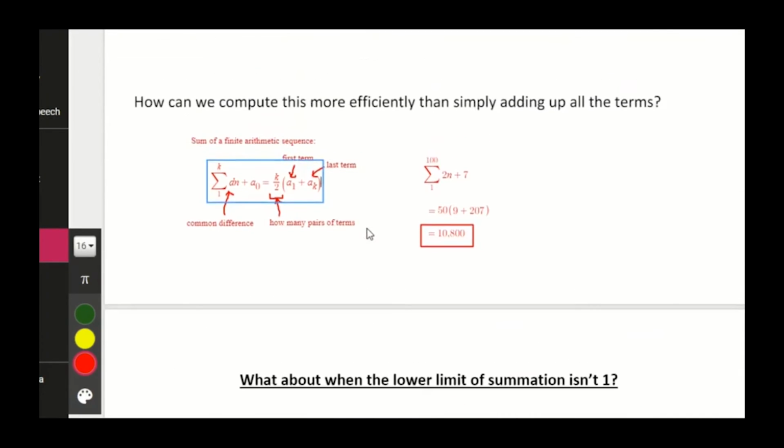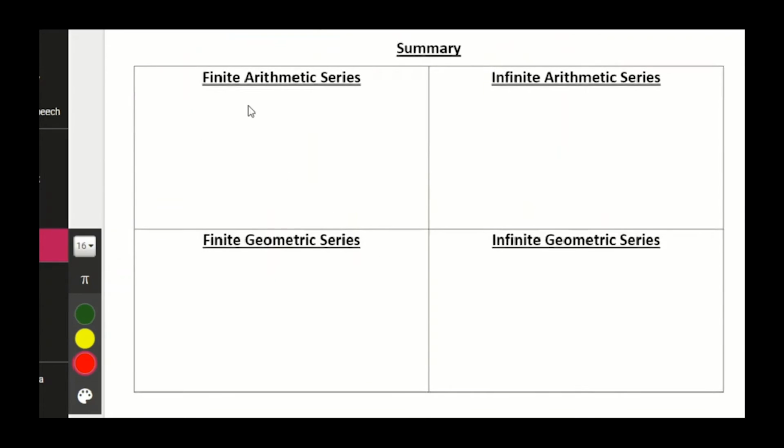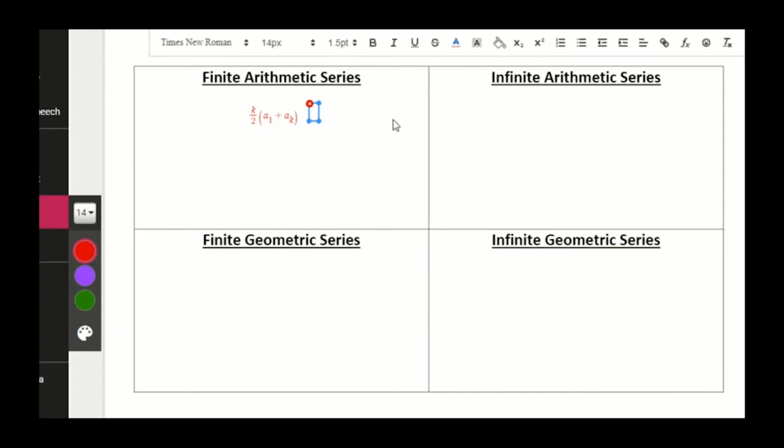Didn't like that one. Let's try that again. Highlight this, go down here. There we go. Okay, so for a finite arithmetic series, we're going to use this if we start with 1. If you start at anything else, then you're going to want to modify this equation a little bit.